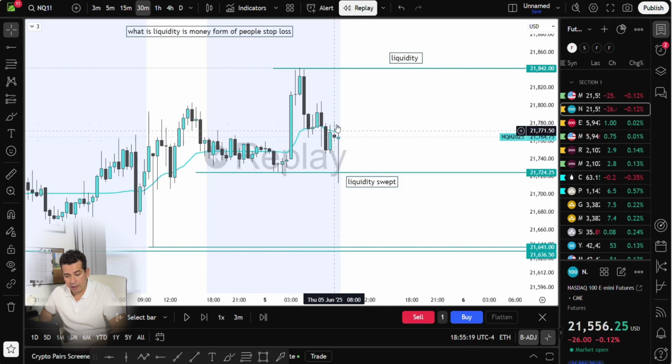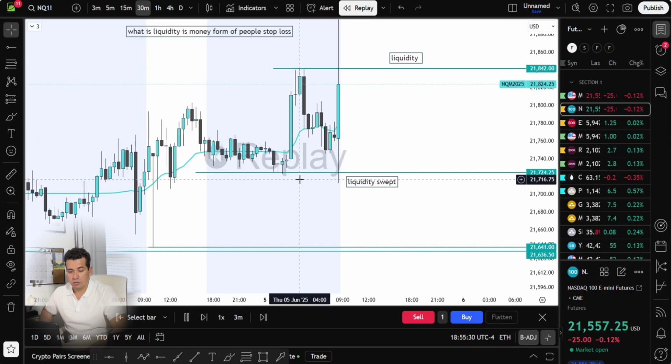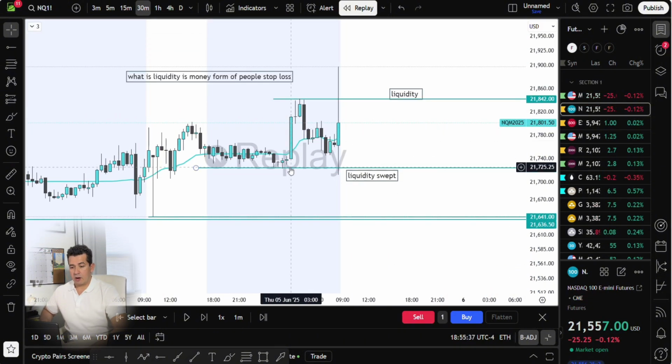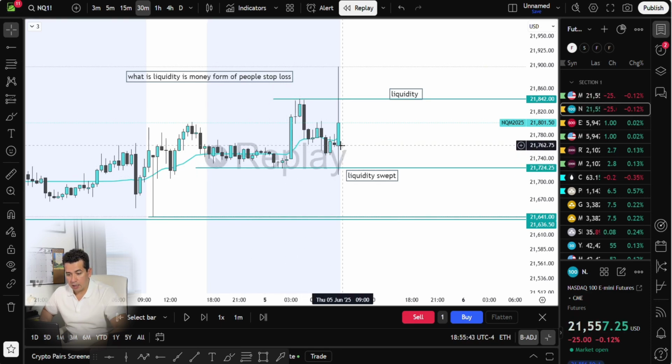Let's see how it plays out. This is the one I marked down here, and this is the one I'm looking at as more of a high probability. The price can reverse. Let's slow this down a little bit. What did this candle right here do? It came down, swept liquidity on the bottom, and then right at 8:30 this candle opens up, takes this out, and shoots all the way up.